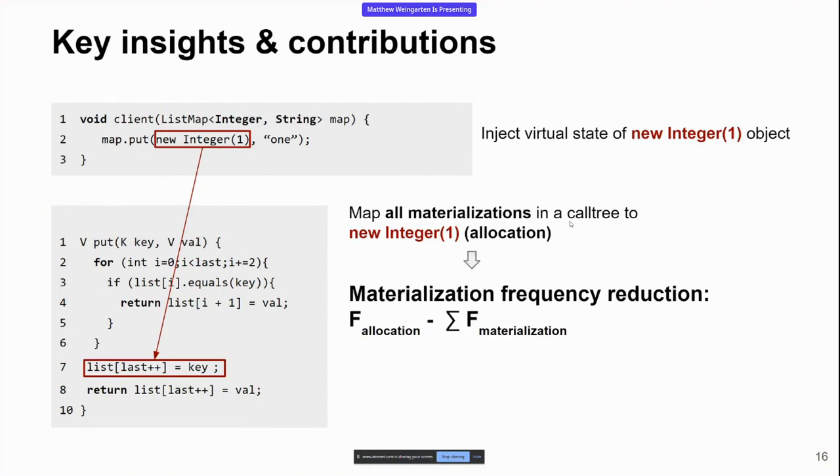Then based on this information, combined with collected profiling information like branch frequencies, we compute a materialization frequency reduction. Essentially, this computes how many runtime object allocations we can reduce by inlining this function. Based on this, we quantify the benefit and integrate this into an existing cost-benefit model.